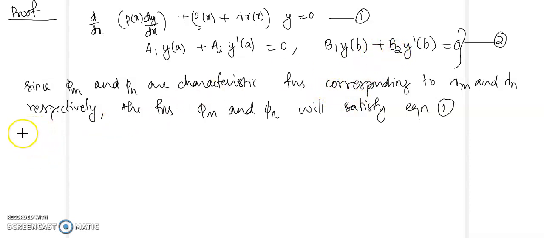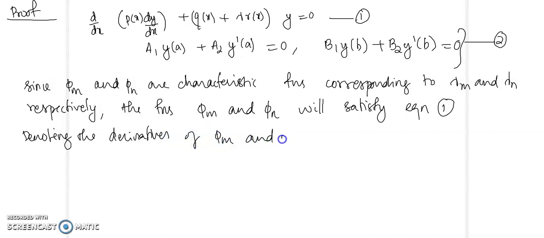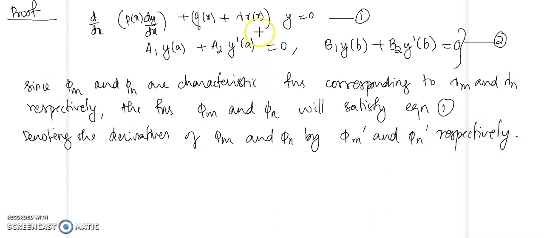Let us denote the derivatives of phi m and phi n by phi m dash and phi n dash respectively. Now let us substitute phi m and phi n into equation 1. That will give us these two equations.